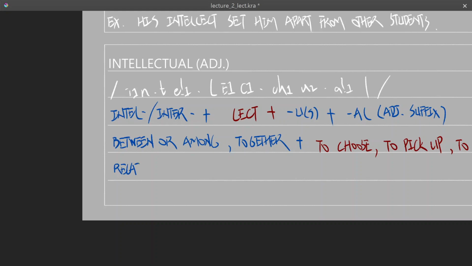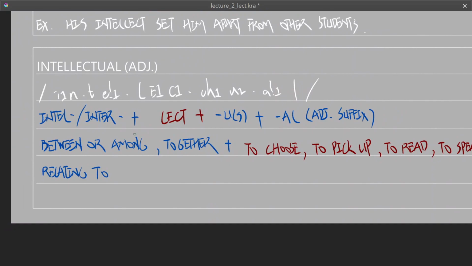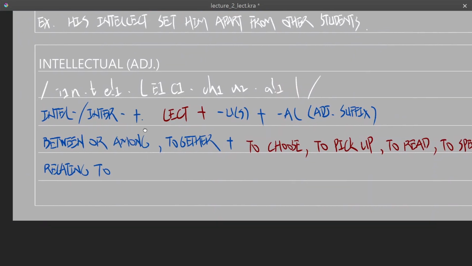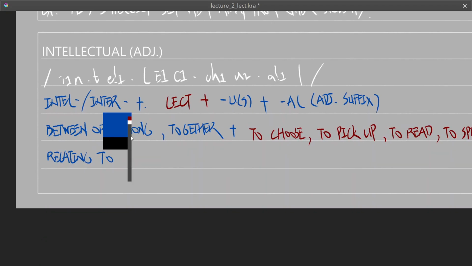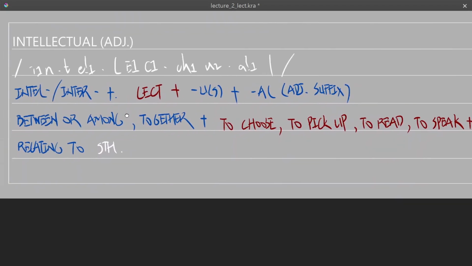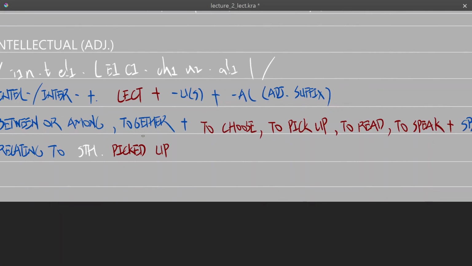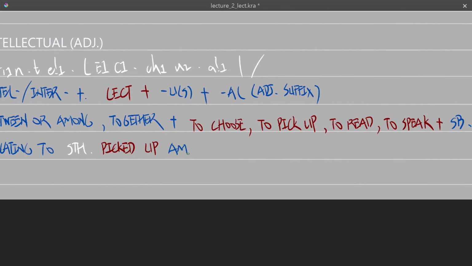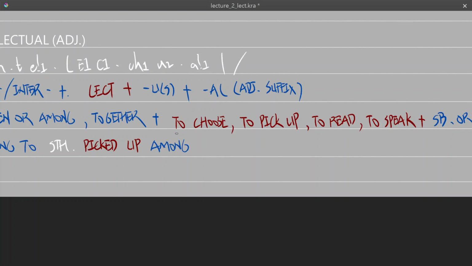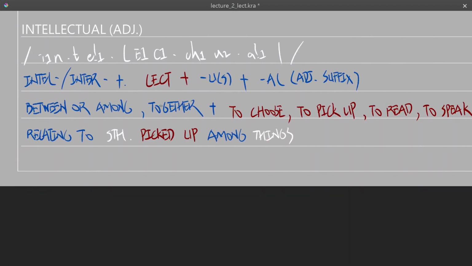Relating to something picked up among things.